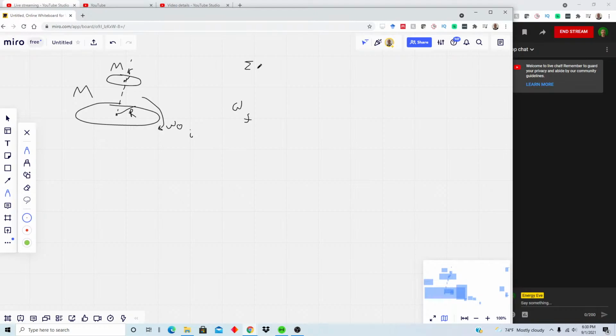For this, basically we need to calculate the moment. As we had discussed before, this is equal to the integral of r squared times dm.